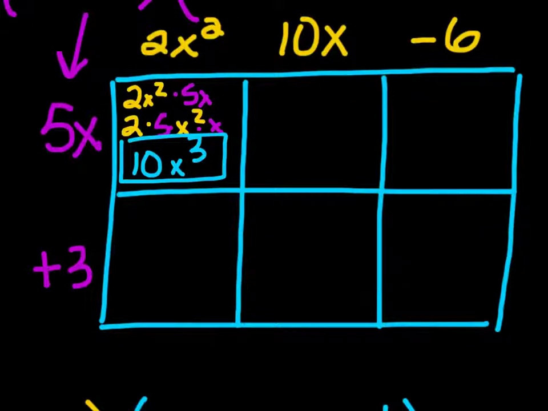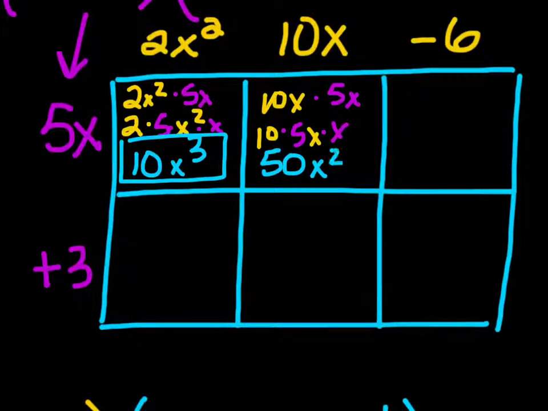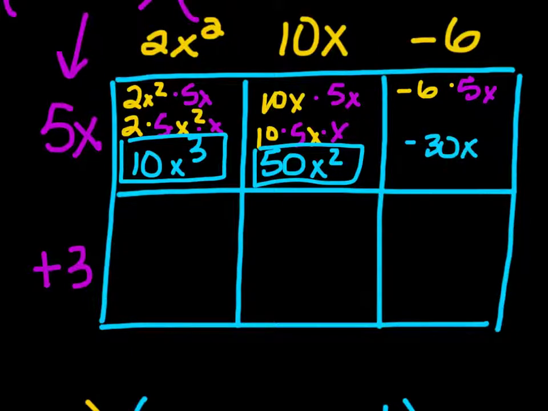Our next box over, we have 10x times 5x, and that multiplies out to be 10 times 5 times x times x. So that ends up being 50x squared. Our next box over, we have -6 times 5x. So -6 times 5 is -30x.